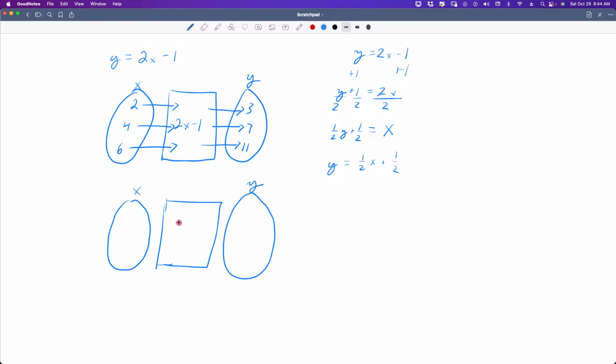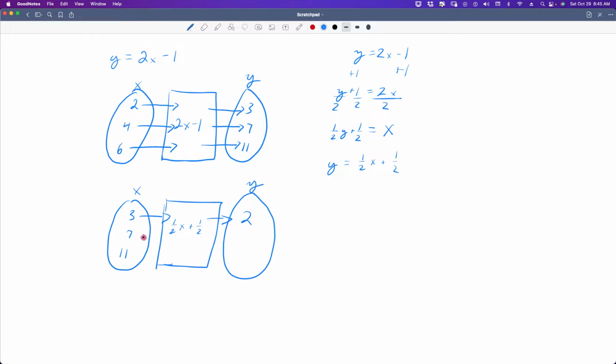So we would put that in here, 1/2 x plus 1/2, and we would use our y values in our x system. So 3, 7, and 11. Well, 3 times 1/2, that's 3 over 2 plus 1/2, that's 4 over 2, that would give us 2.